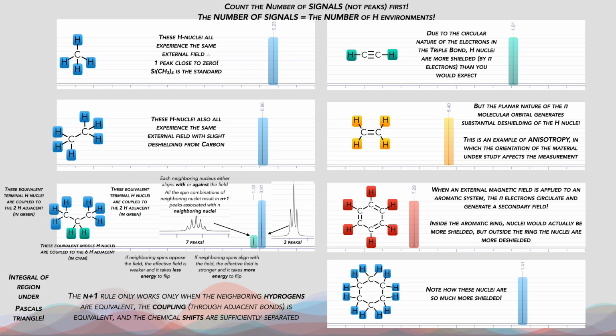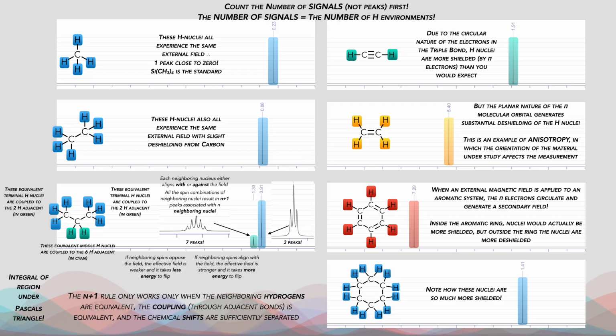Now, proton NMR follows the same fundamental shielding and deshielding principles as carbon NMR. However, proton spectra contain additional information because neighboring hydrogen nuclei can magnetically influence one another. This produces signal splitting.